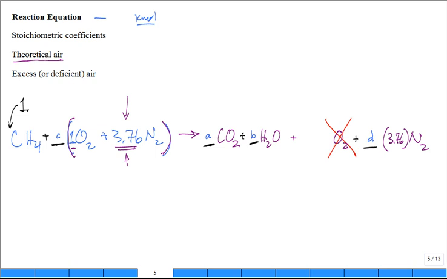Does this sound familiar? You have different balances. The carbon has to balance. The hydrogen has to balance. The oxygen has to balance. And the nitrogen has to balance. At this point, you're tempted to say, yeah, I can see the C. It's one of them sitting right there.